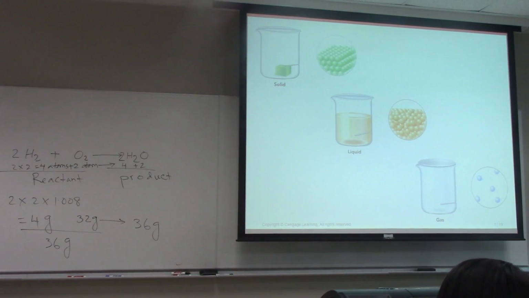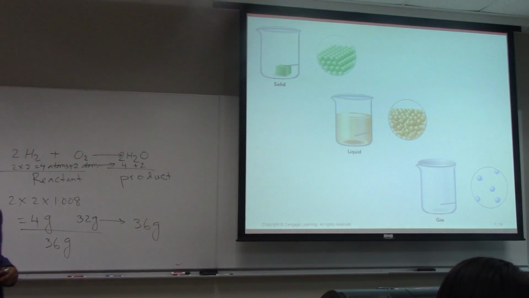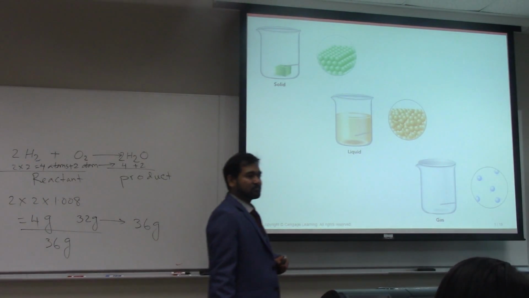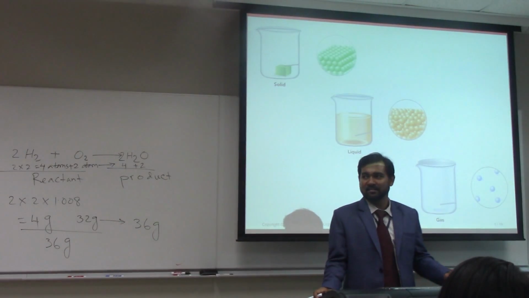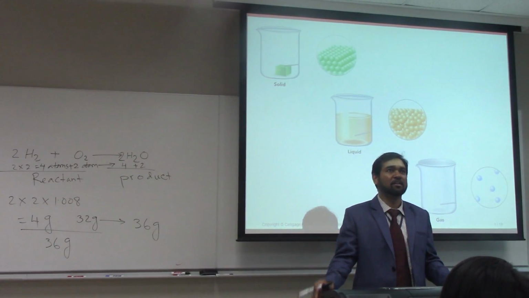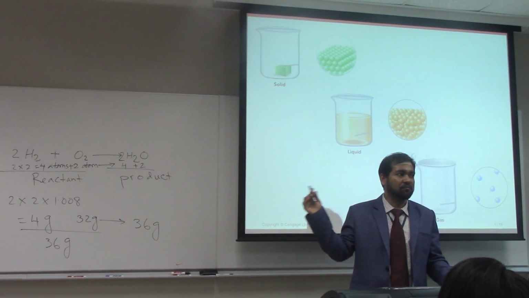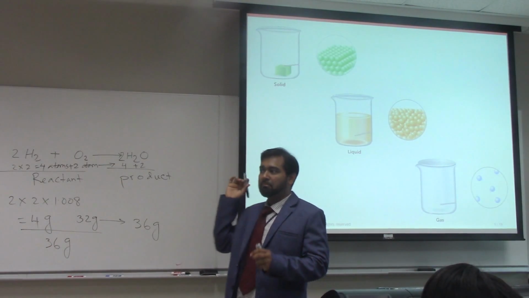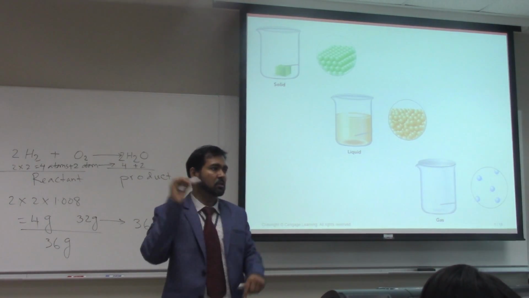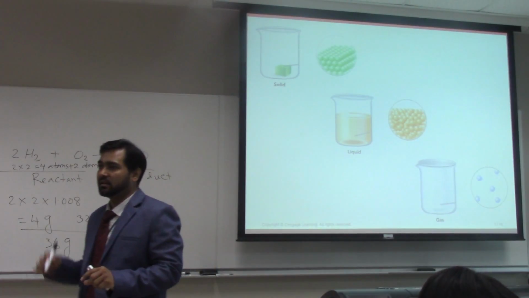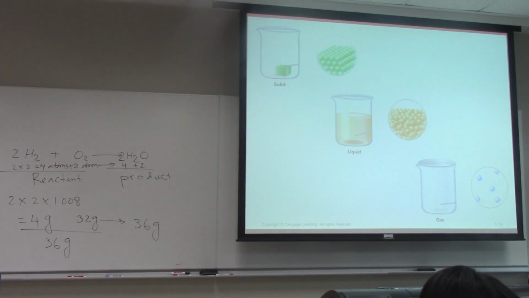And the last thing is gas. What is gas? Air. Does it have shape and volume? No, nothing. It is always floating with free motion, bumping into each other constantly. That's why it makes pressure, air pressure.